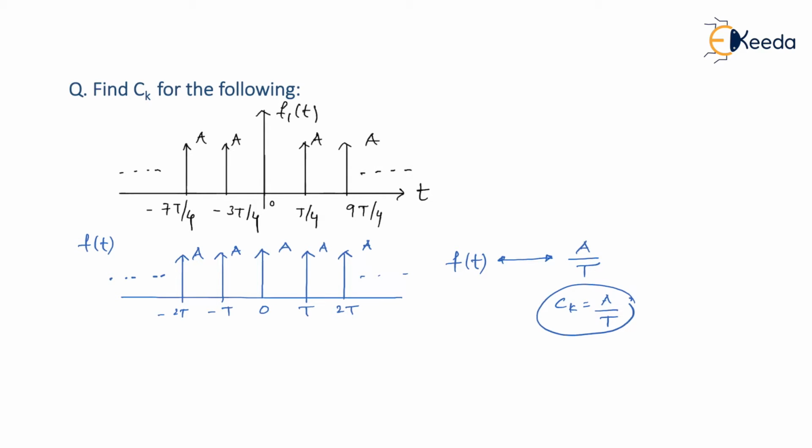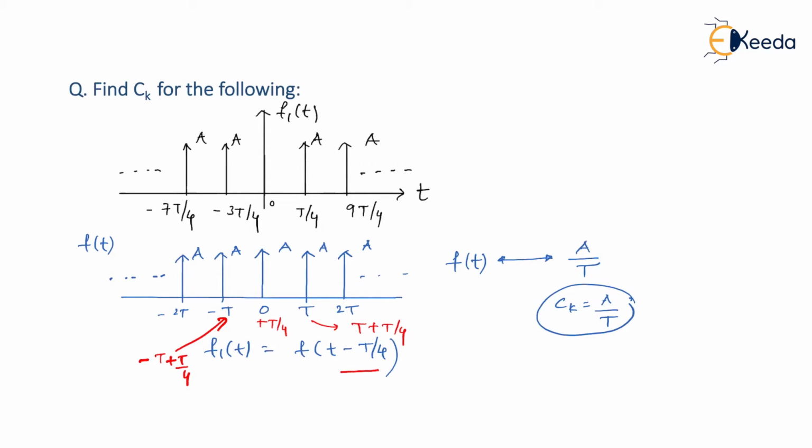So by observing, we will come to know that f1 of t is simply f of t minus T by 4. So let us cross verify if it is so. Whenever we want to delay by some quantity, we add that quantity in each time interval, that is, it would be 0 plus T by 4, then this will be T plus T by 4, and this will be minus T plus T by 4.